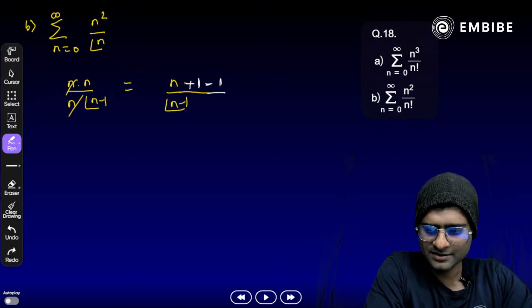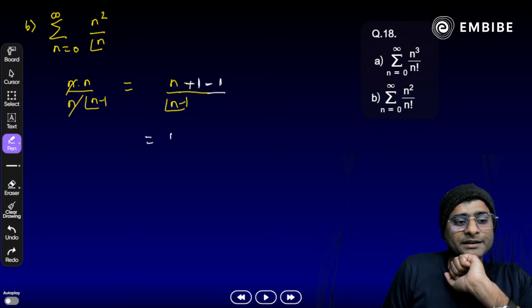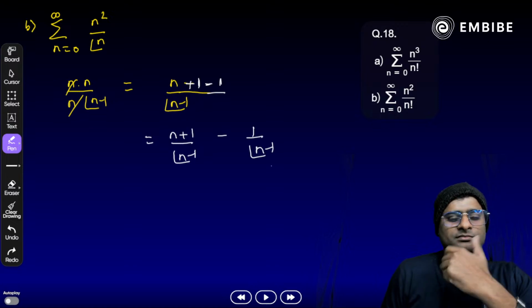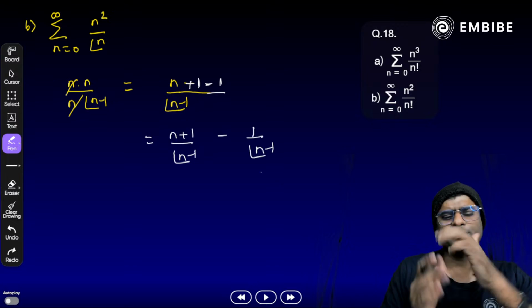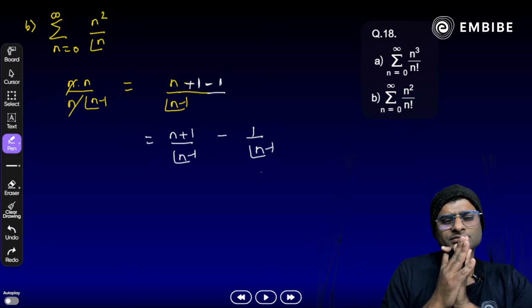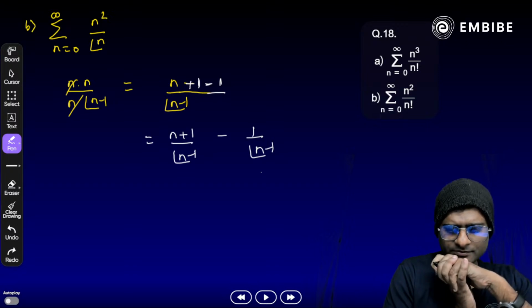Yes. So what do we do now? What should happen from here? Again we need to separate the term: n plus 1 by factorial n minus 1, and minus 1 upon factorial n minus 1. Is it possible to simplify like factorial n minus 1? Can you simplify this further? Is that possible?